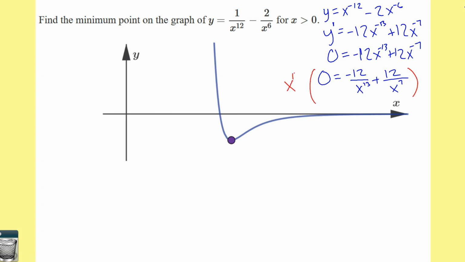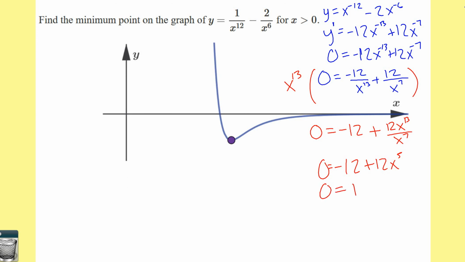So I'm going to multiply everything by x to the 13th, because that's the greatest common denominator. So we get 0 equals -12 plus 12x to the 13th over x to the 7th. Those just eliminate, equals -12 plus 12x to the 5th.